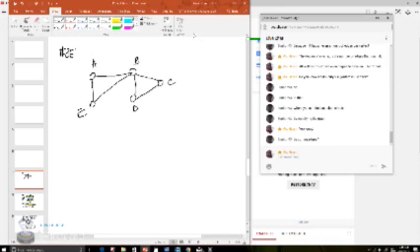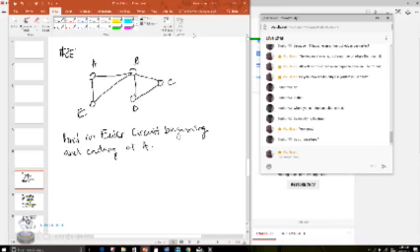Okay, so here's my graph, and we're supposed to use Fleury's algorithm to find an Euler circuit beginning and ending at the vertex A.